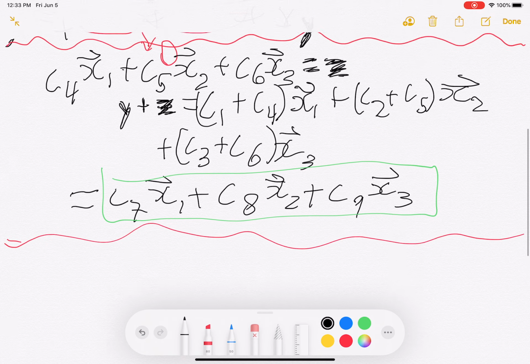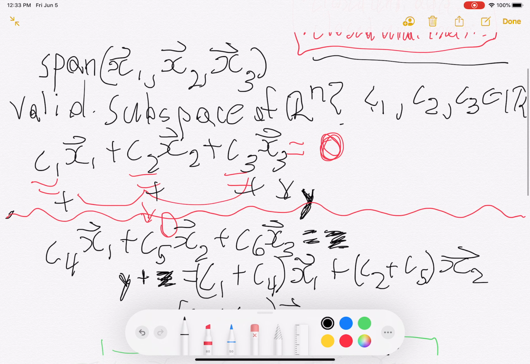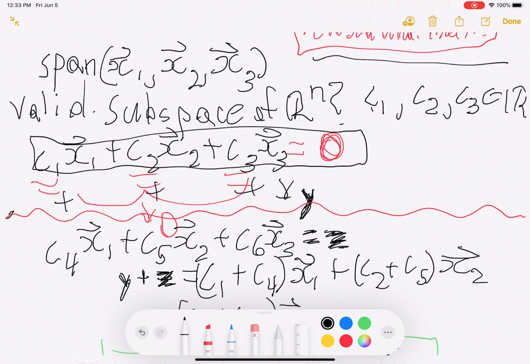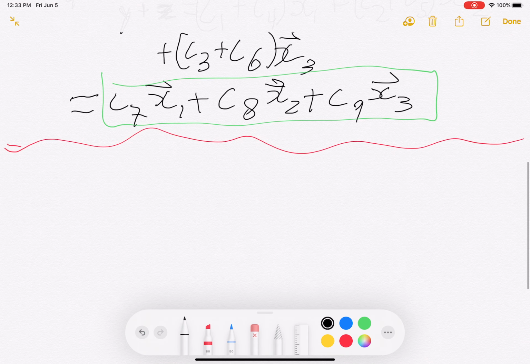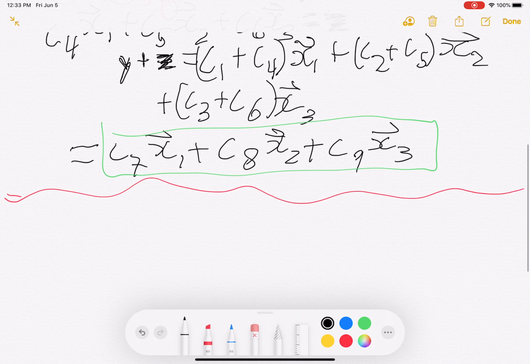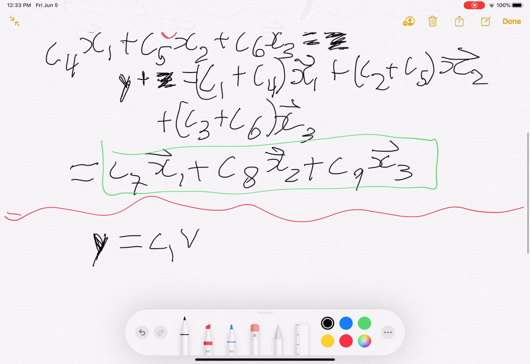Well, we can easily check this by setting our original span, or linear combination of x1, x2, and x3, equal to y, as we did beforehand. y equals c1 v1 plus c2 v2 plus c3 v3.